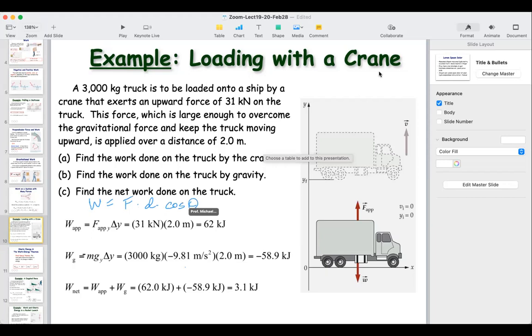Okay, so in the case of the weight, the weight force points downward and the displacement of the truck is upward, right? Yes. So we have a displacement vector that's up, we have a force vector that's down. So what that means is in this particular case, the value of theta is 180 degrees.